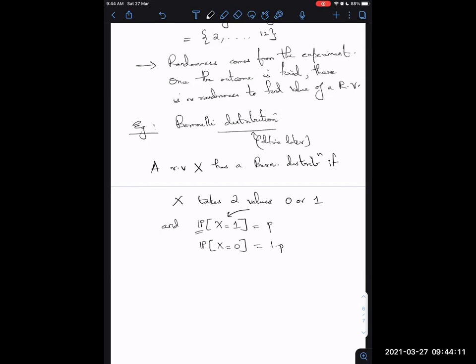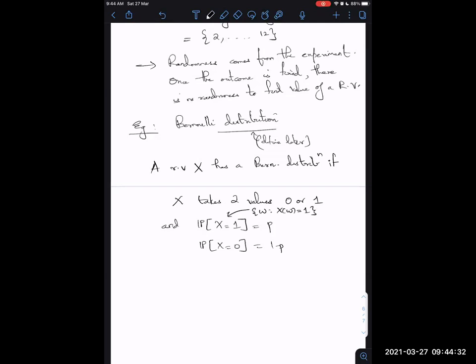So x equal to 1 should represent a subset. This notation does not capture that fact, but what it really means is the set of all outcomes omega such that x of omega is 1. So when I write x equal to 1, this is what I mean.